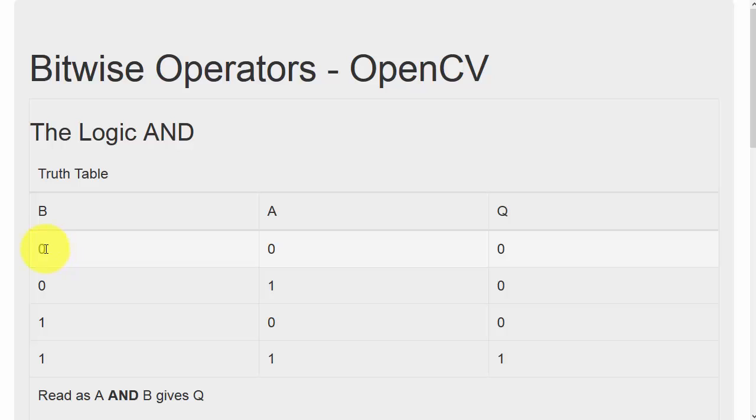If input A and input B are 0, then we get the result 0. If either of input A and input B is 0, then also we get 0, right? We will only get the result 1 when both the sources are 1. So A and B are 1, then only we will get a 1 in case of AND logic.